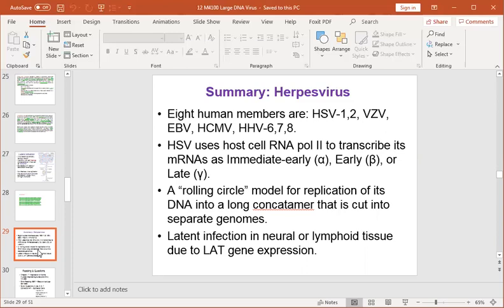Latent infection of herpes virus in neural or lymphoid tissue can occur. The virus remains latent, ascends to neurons, and this is due to the expression of a protein called LAT, or latency associated gene expression.